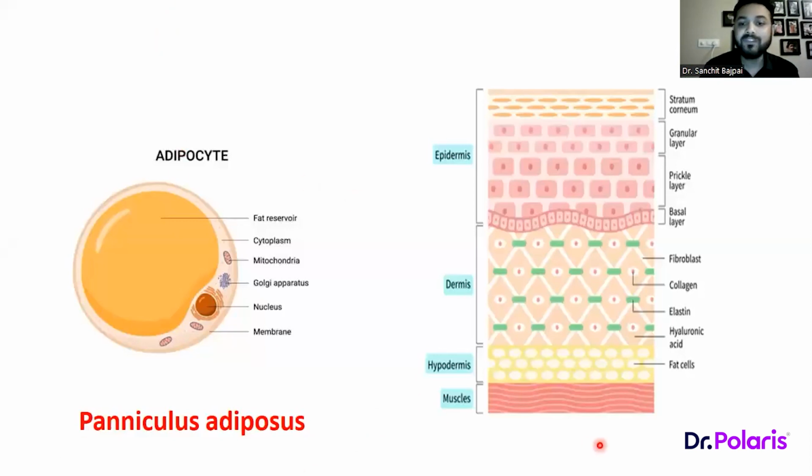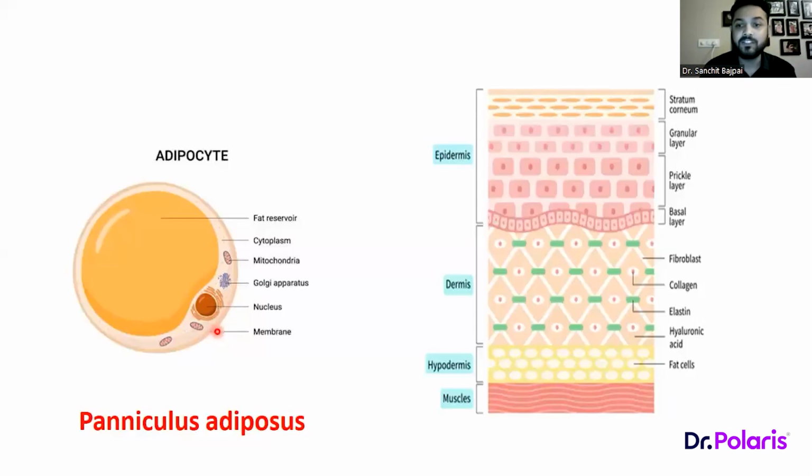So I told you that your hypodermis, beneath the dermis or this superficial layer, contains a lot of fat cells. And this fat cell, I already told you, is called an adipocyte. How it is peculiarly an adipocyte is because it contains a nucleus. The nucleus present in a fat cell is always present at the periphery. Now see, this is the periphery or the end of this fat cell.